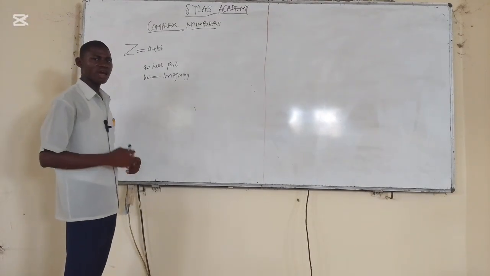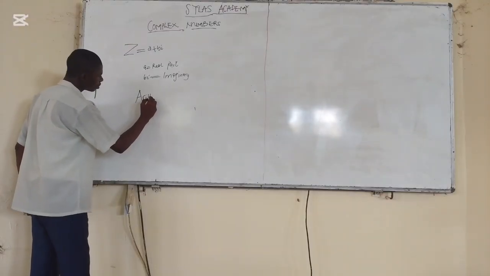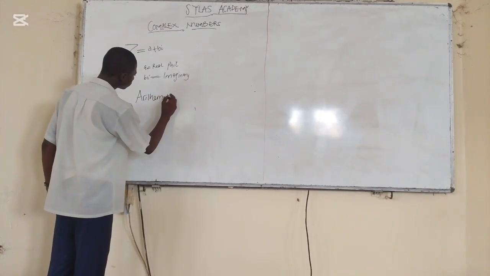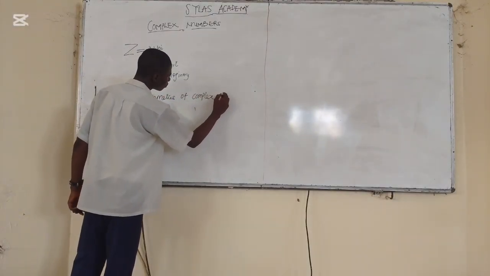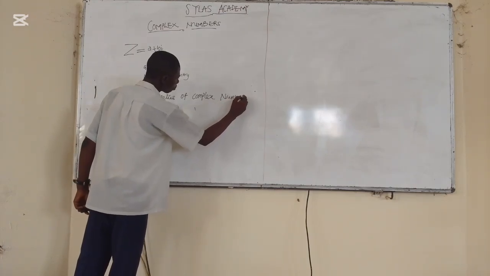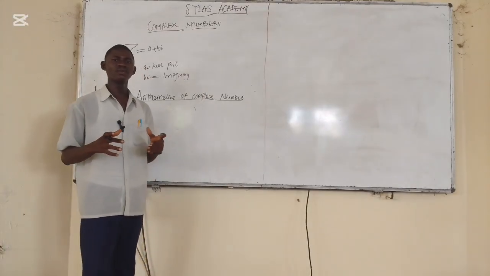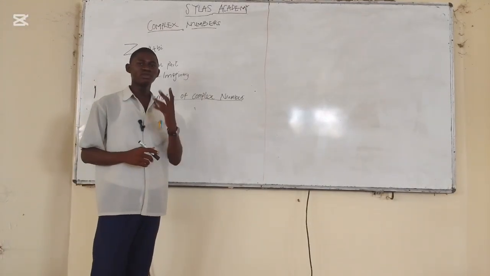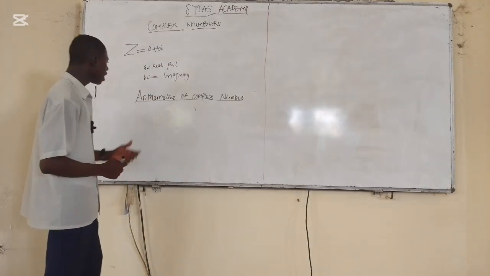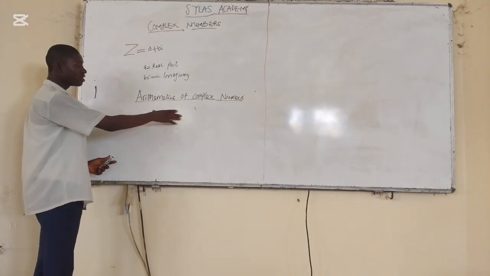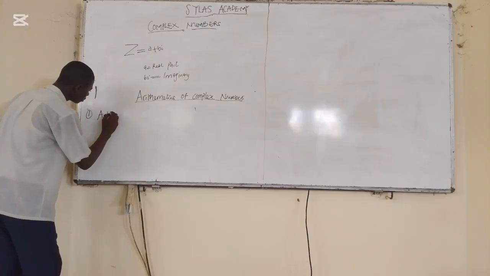Next, we are going to be looking at the arithmetics of complex numbers. Now, I used to tell my students that arithmetics is normally a very simple thing. Arithmetics deals with four guys, which are the addition, subtraction, multiplication, and division. And these four guys build the arithmetics of complex numbers. Number one, we have the addition.